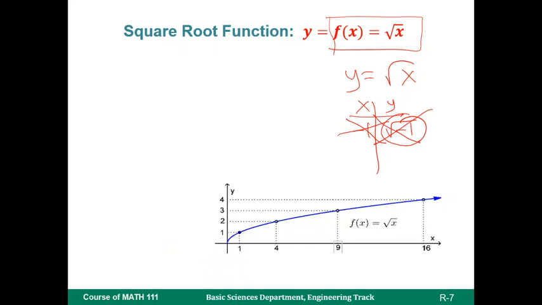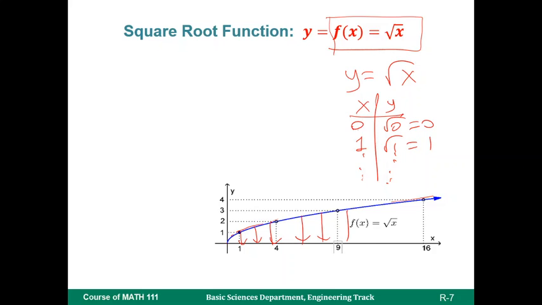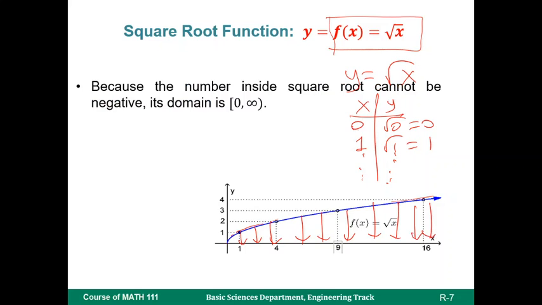Now for the other part, you can take the positives and zero, like 0: the square root of 0 is 0, and 1: the square root of 1 is 1. And you can use a calculator for the other numbers, and you will get such a graph. Now obviously the domain here is only the positive x values and 0, and the range is all positive numbers and 0.